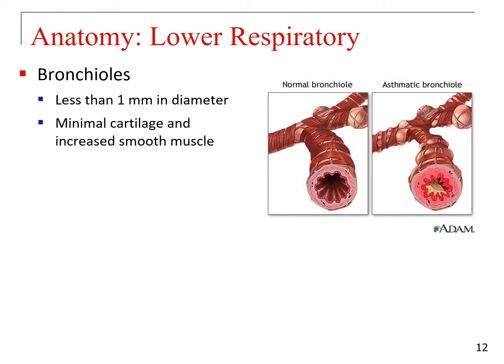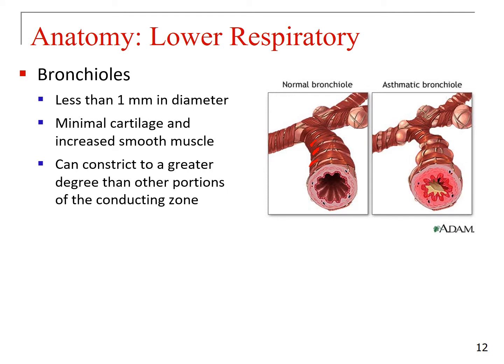You've got strips of smooth muscle instead of a continuous sheath of smooth muscle. Okay, now these can constrict to a greater degree than other portions of the conducting zone. And the reason why they can constrict to a greater degree is because they don't have to bend any type of cartilage. You've just got the smooth muscle with the layers of the bronchiole within them.